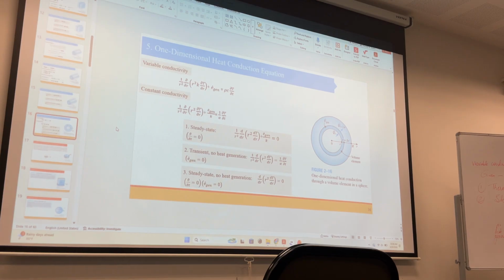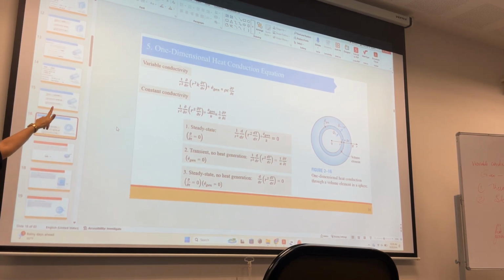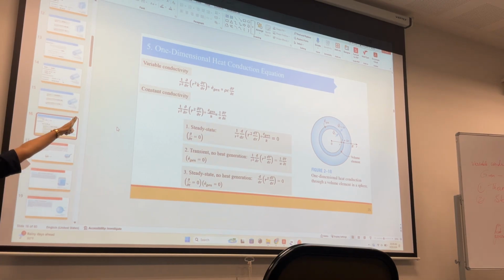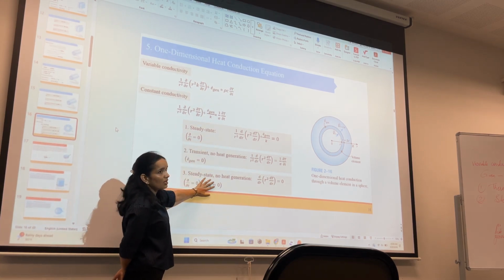Once you know the conductivity is variable, you have only one option. Right? You understand why we are using the first equation? The conductivity is variable. Temperature is variable. For variable conductivity, we only have one formula. First one. None of these other formulas, the conductivity is variable.